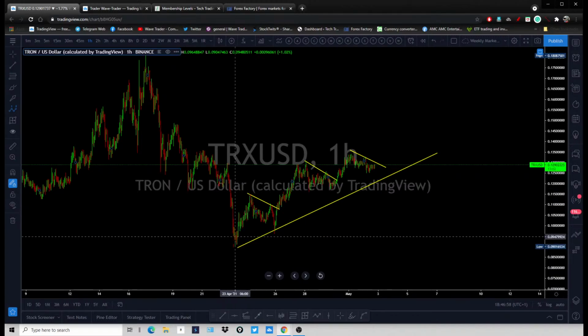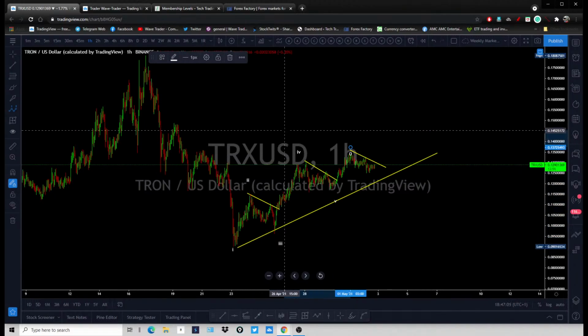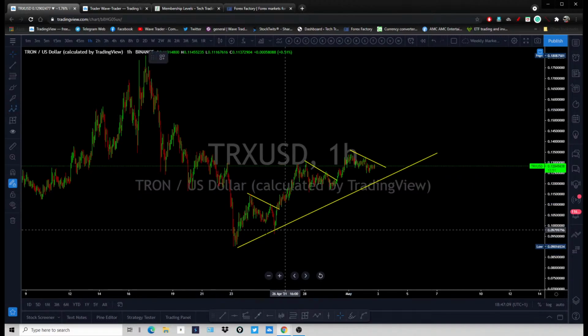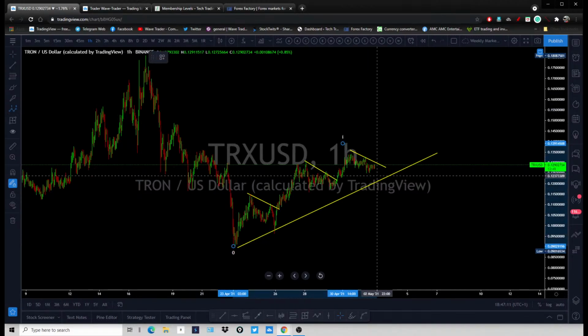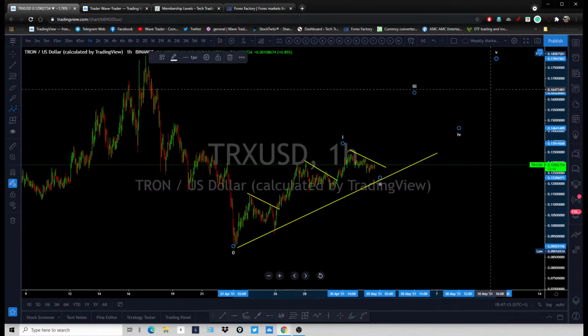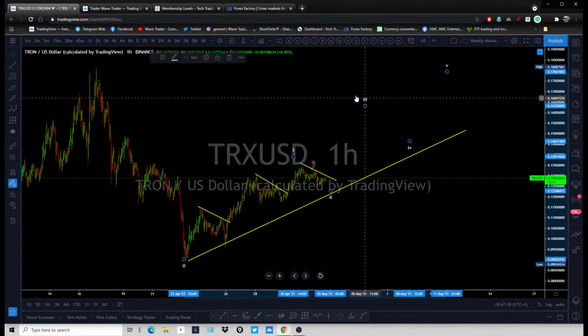Let's look at that. 1, 2, 3, 4, 5 completed over there, or you can count that in a different way. Let's say 1, 2, 3, 4 go somewhere there, and then the fifth goes somewhere there. This is just guesswork, okay?